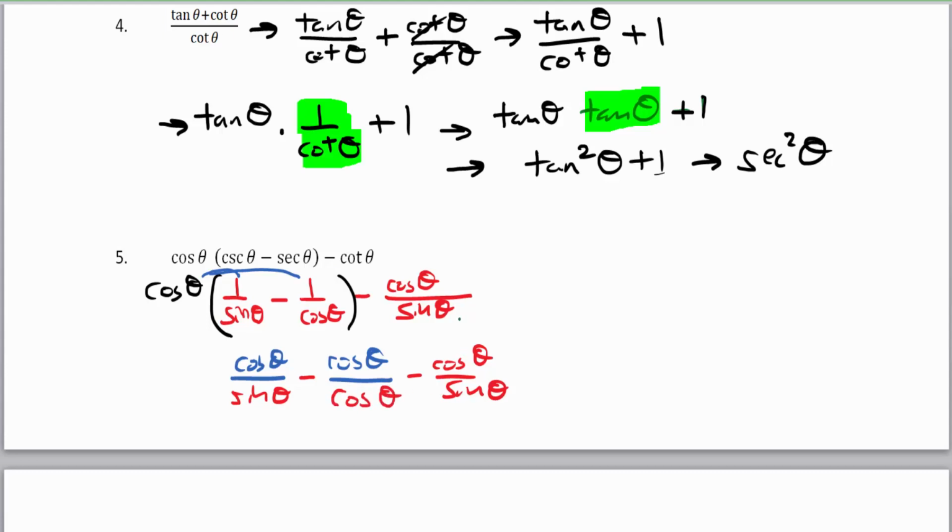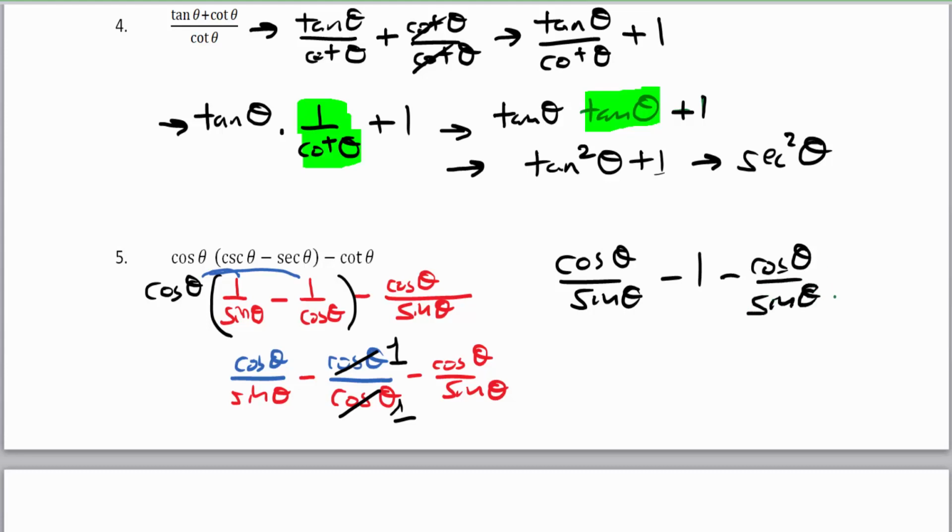Now, let's see what kind of simplification you can do here. The first simplification is that this cosine theta over cosine theta makes a 1. That's 1 divided by 1. So now what we have is cosine theta over sine theta minus 1 minus cosine theta over sine theta.